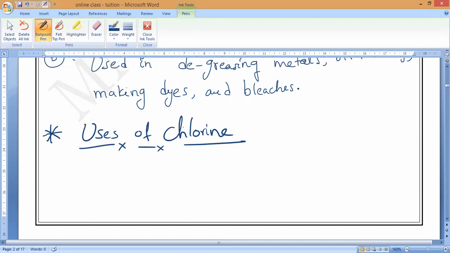Disinfectant. Very good. Used to purify water. Yes, very good. For purifying the drinking water supply, we use this, because it will kill the germs and bacteria inside the water and make it purified for our drinking.